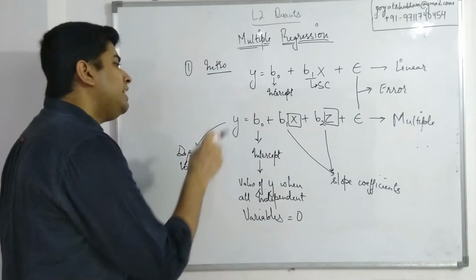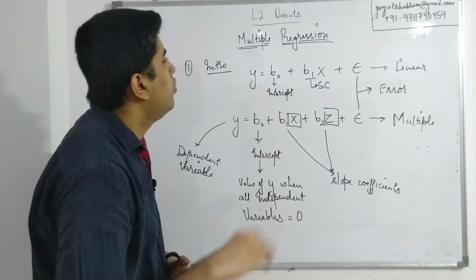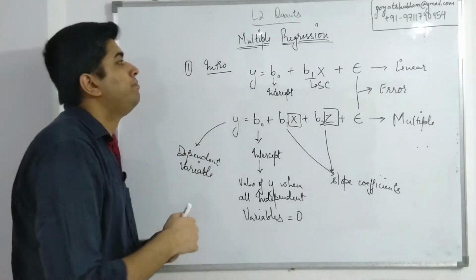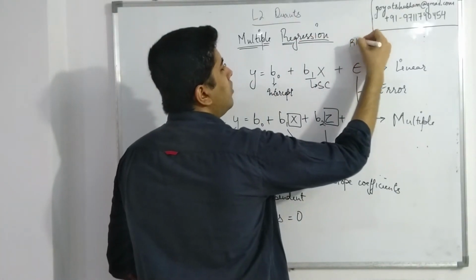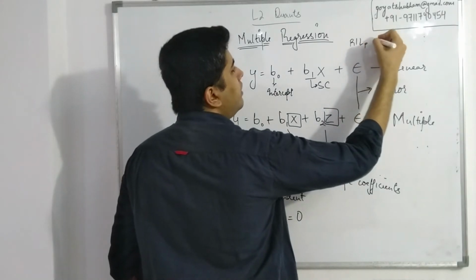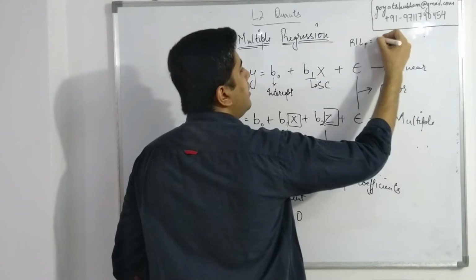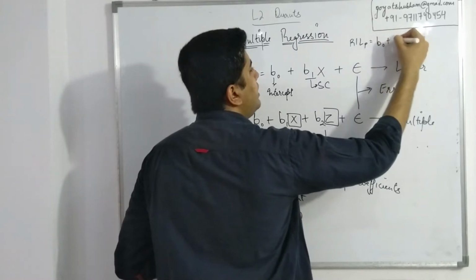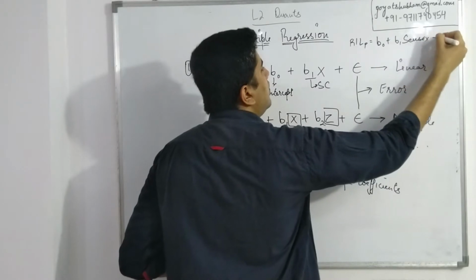Now, one of the reasons why we need this is, well, it's very logical. If we go all the way back to our example, one of the examples that we really discussed a lot is Reliance prices being explained by B0 plus B1 Sensex prices plus error.